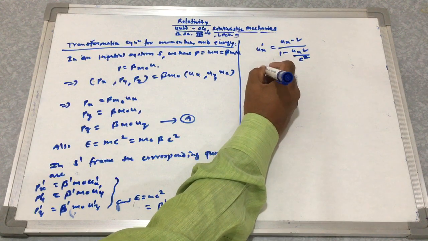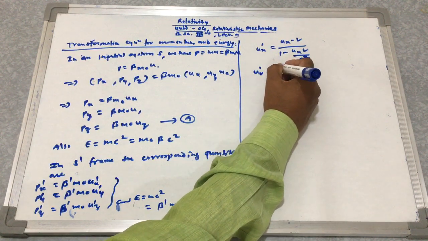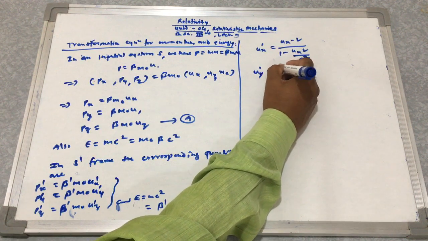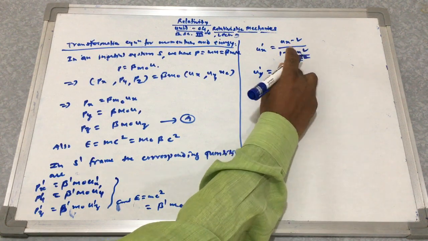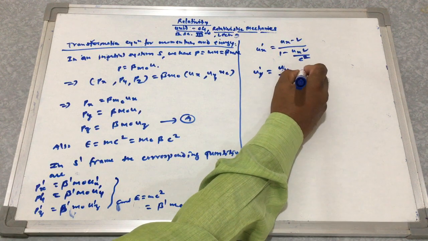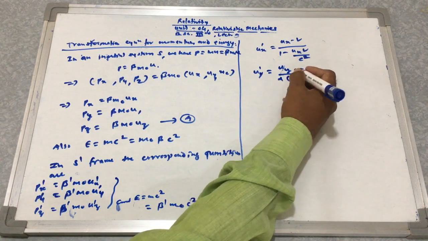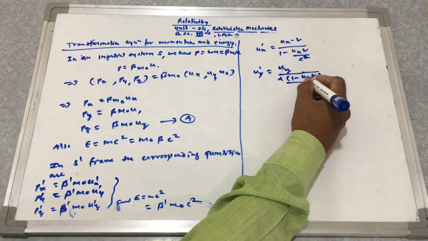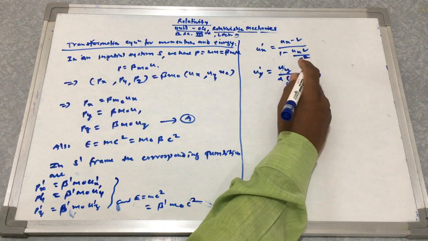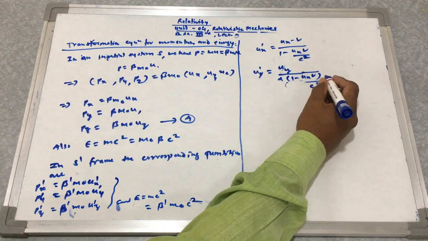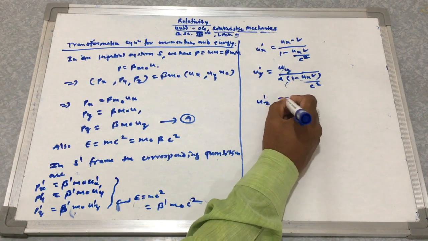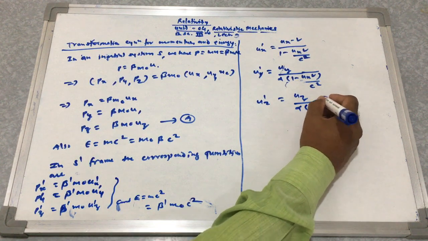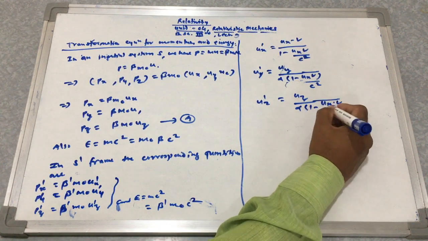Then uy dash is equal to uy upon alpha into (1 minus ux v upon c square), and then uz dash is equal to uz upon alpha into (1 minus ux v upon c square).